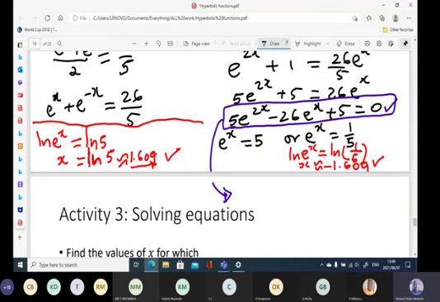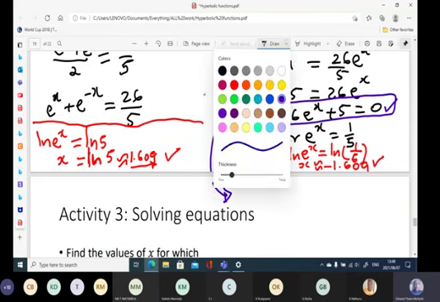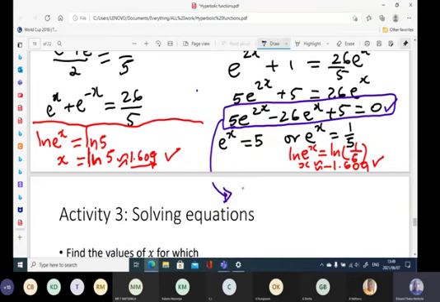So now let's use this blue pen again and explain this concept here. So here we are going to write this as 5 times e to the power x, squared, minus 26 e to the power x plus 5 equals to 0.